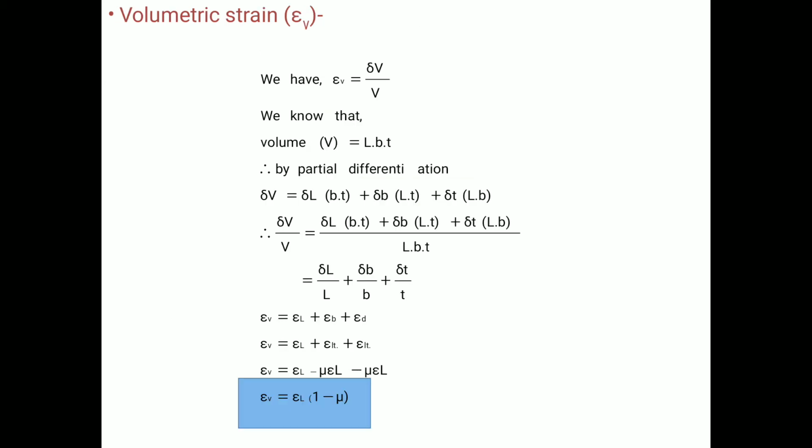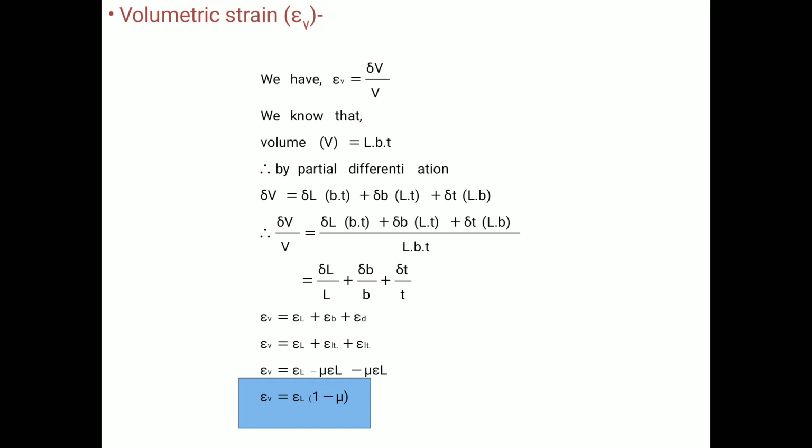Now we have volumetric strain. It is denoted by the letter epsilon V. As discussed earlier, volumetric strain is the ratio of change in volume upon original volume. Therefore, mathematically it is given by delta V upon V. But all of you know that volume is nothing but length into width into height or thickness.